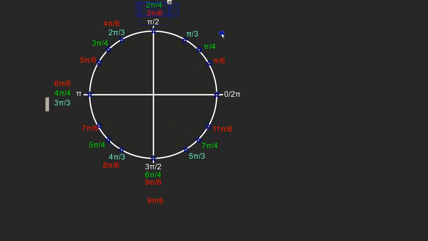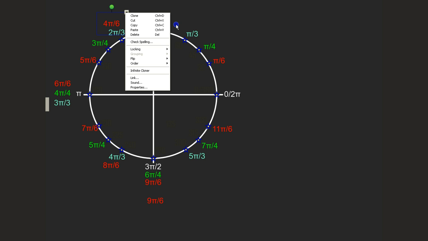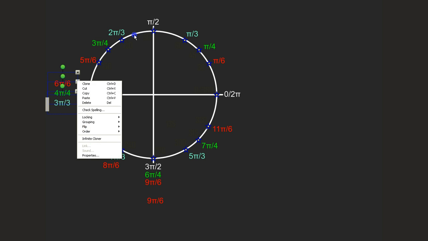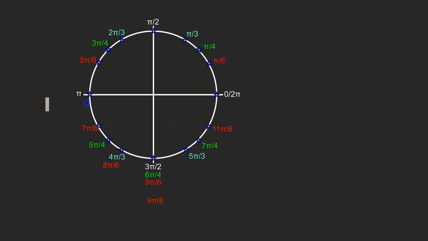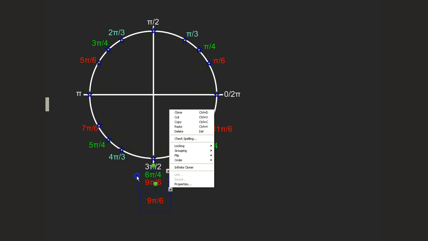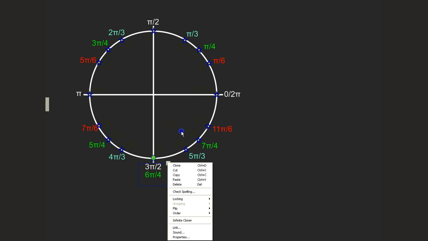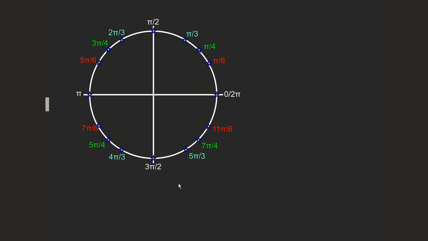These two up here are the same as pi over 2, so we can get rid of those. 4 pi over 6 is reducible. Same for all of these three. Those are all just pi. So I'll clean up this whole unit circle in radians, and what we have left is right there.